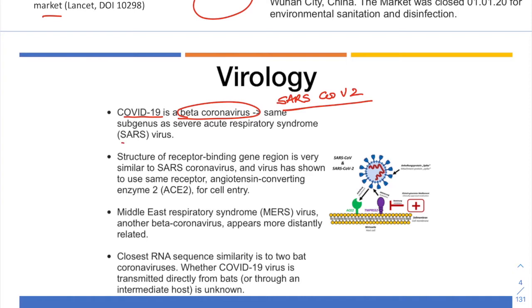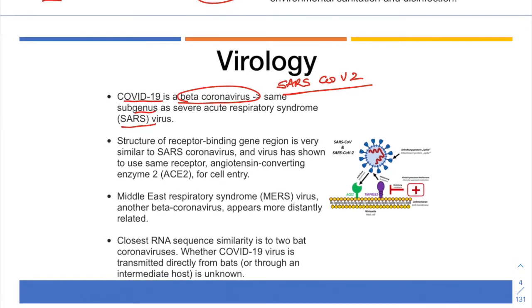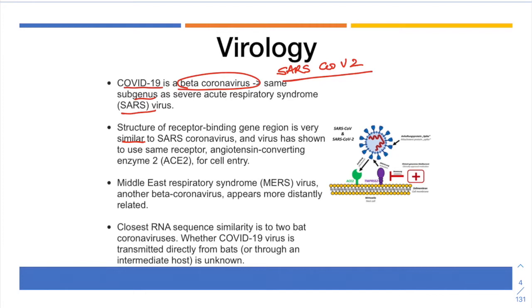Because the SARS is the same subgenus as the SARS virus, and it also has a similar structure, as well as it has the same receptor for cell entry as the first SARS virus. There was one SARS virus that originated in 2003, that was the SARS coronavirus 1.